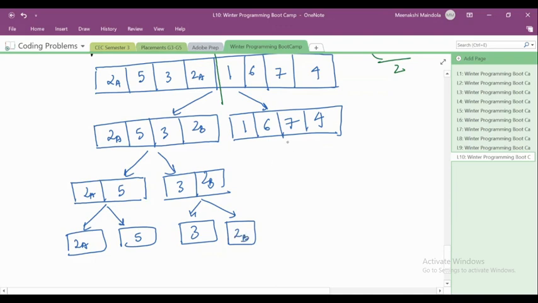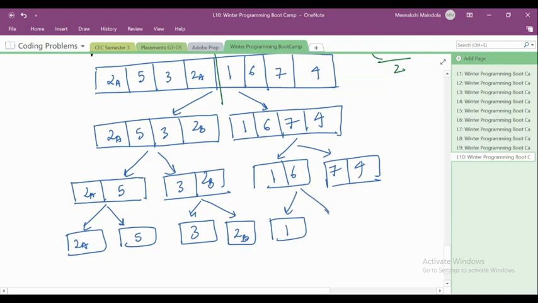Okay, and similarly this half of the subarray is also going to be divided into chunks of the same size, 7 and 4, and further it is going to be divided into subarrays of size 1. So you have 7 and 4.